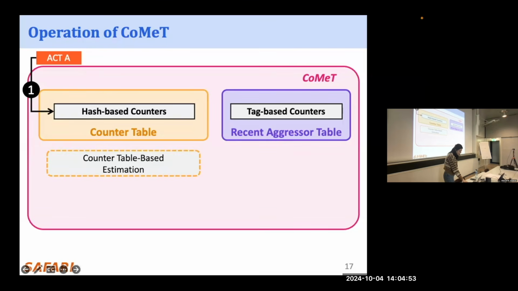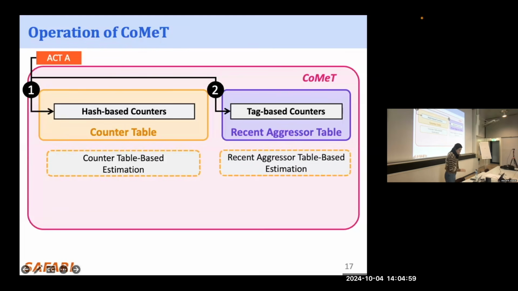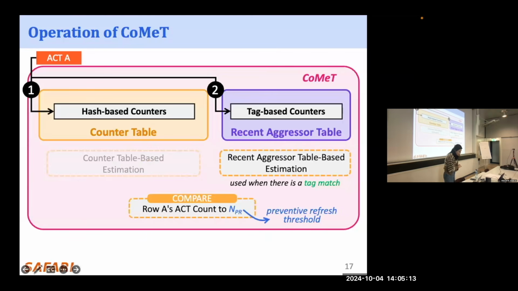At the same time, it checks the recent aggressor table that has tag-based counters and gets another estimation. CoMeT uses the recent aggressor table-based estimation when there's a tag match, because we know that tag-based counters are more accurate. And after that, CoMeT compares this estimation of the activation count to the preventive refresh threshold.